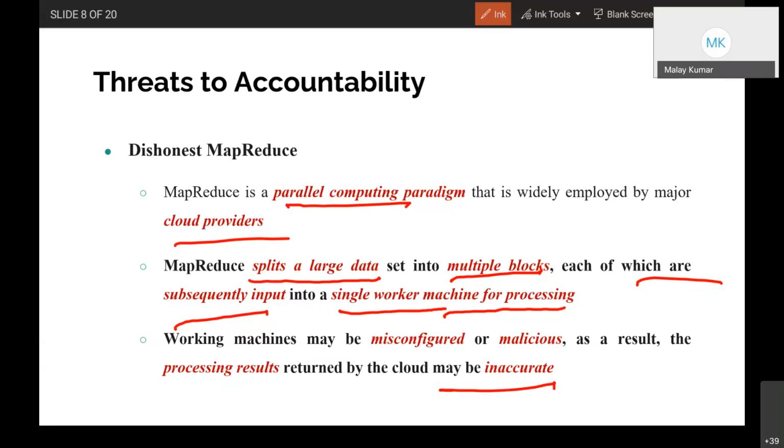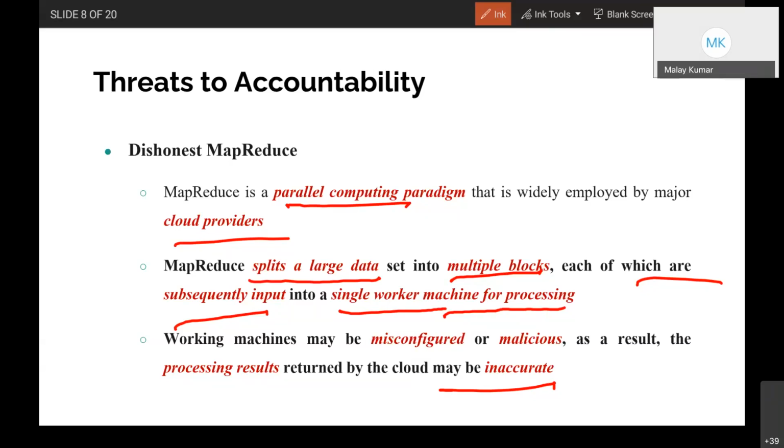And it is difficult for the customer to verify the correctness of the result, because MapReduce most of the time consumes or processes a large amount of data. Such computation is not possible locally. That is why you have outsourced it to cloud computing.